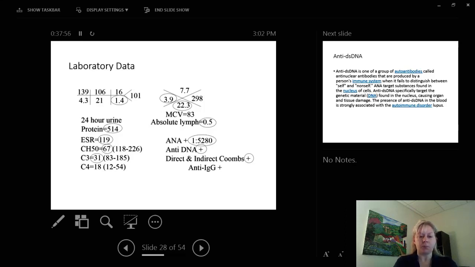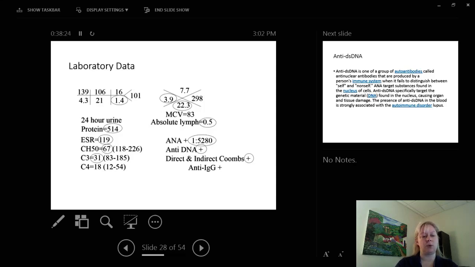So when you're looking at labs here, these are rheumatological labs that a rheumatologist is going to get. So you have the CH50 and the C3 and C4. These are complements. Complements are basically a breakdown of your immune system, and they fight off infection. C3 and C4 are most commonly seen decreased in lupus.